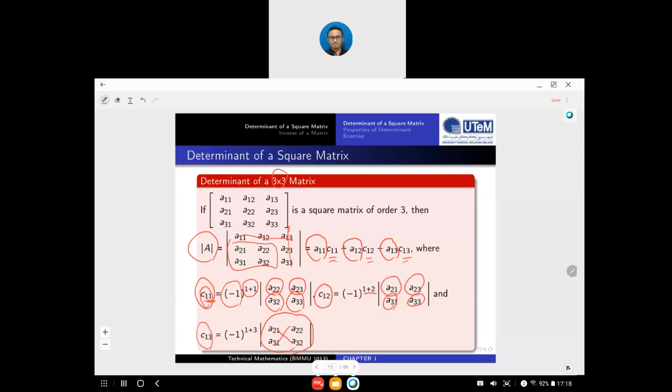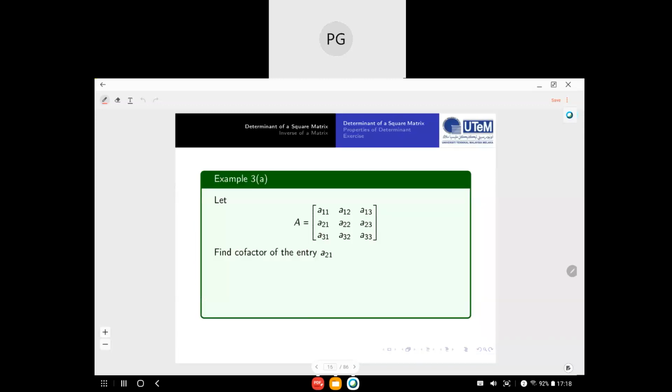Okay, next. Look at the example. This one, you want to find the cofactor of entry A2. What do you want to find? The cofactor of entry A2. So you look, A2 is here, on the second row, first column.